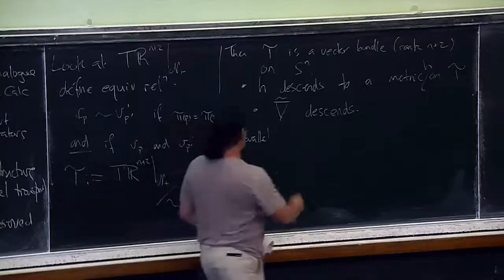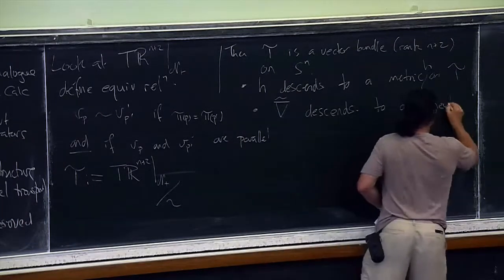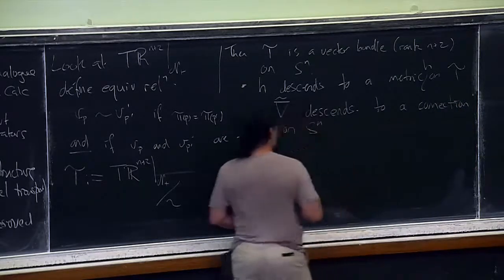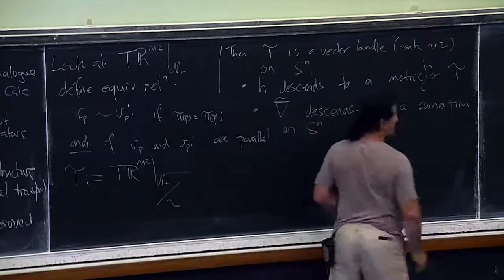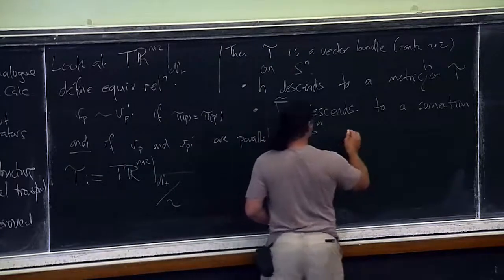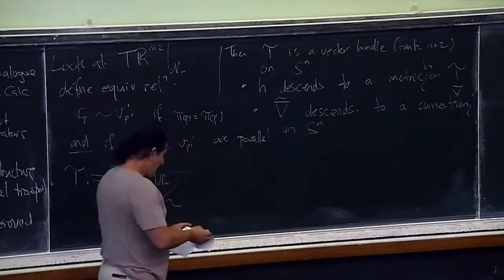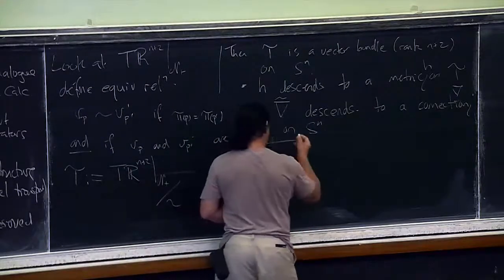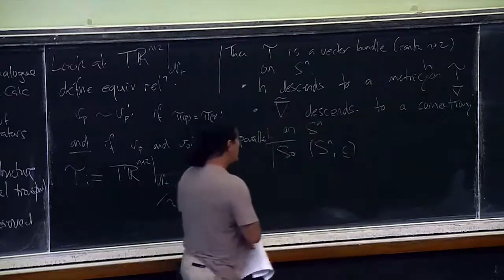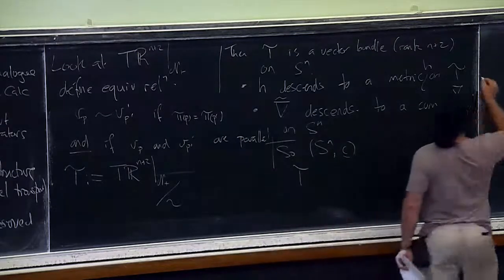So this obviously descends to a connection on Sn. You want to make sure it's a connection, but that's easy to check. Okay, so it descends to a connection that I'll just call nabla or nabla T. So what we have on the sphere, this standard conformal sphere, is this bundle T, which I'll call a tractor bundle.